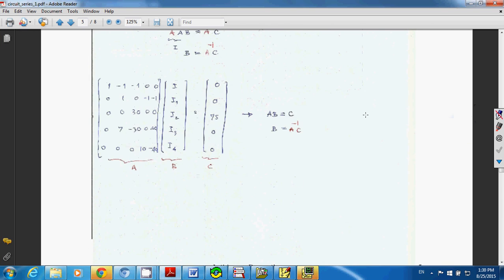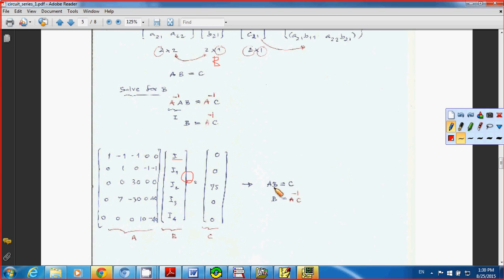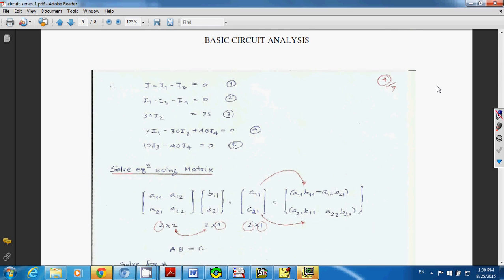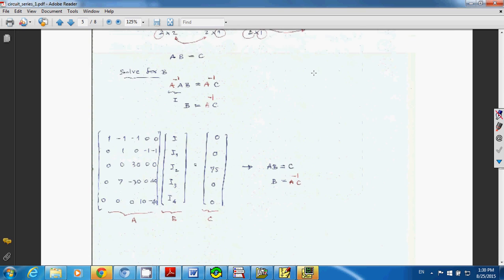This is the way to solve equations using matrices. Now for our system, you need to set up our matrix equation. In this case, A multiplied by B equal to C, and you can solve for B. In this case, B is the current matrix. Now the way to set up the equation, you need to take a look at the equations. Let's see equation number 1. You have I minus I1 minus I2 equal to 0.